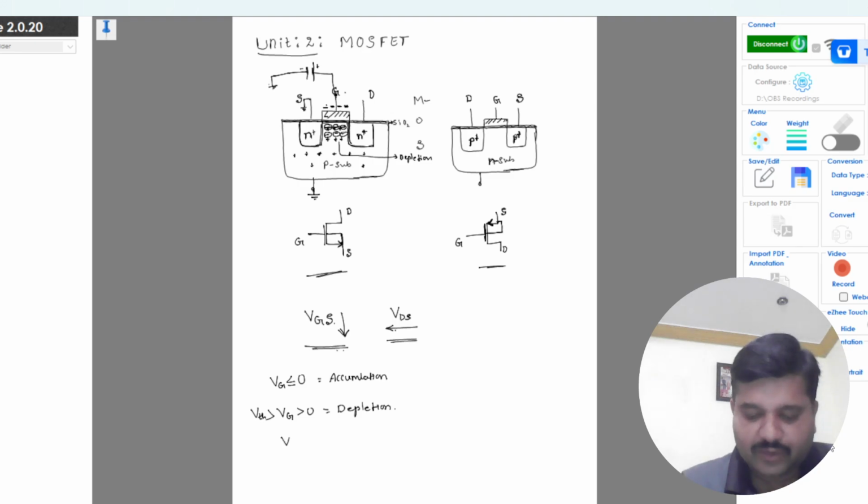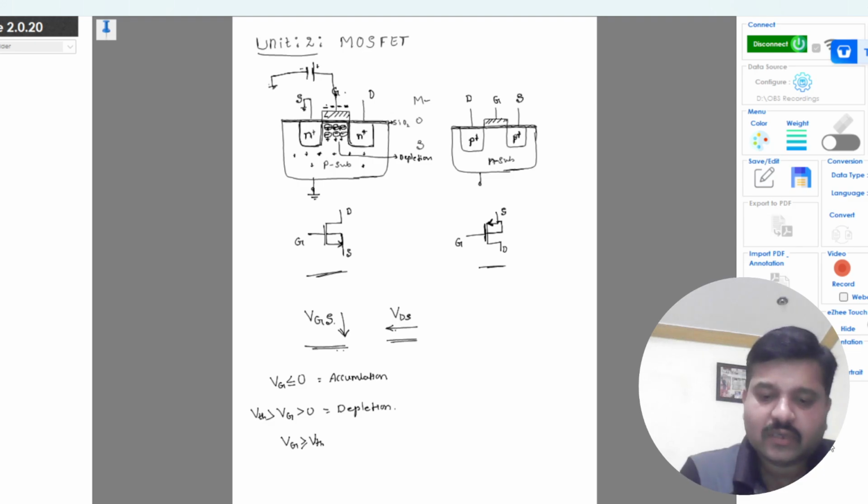Okay, so when you give the gate voltage greater than or equal to the threshold voltage, what happens? The region beneath the gate will have the majority charge carriers, which will be electrons in this region, and you form a channel in this region.